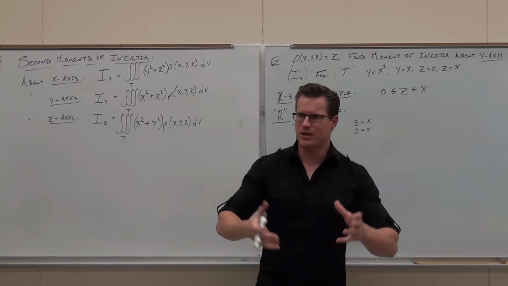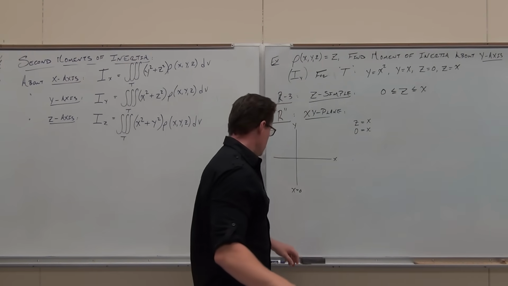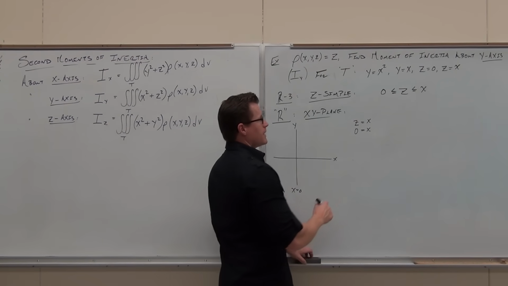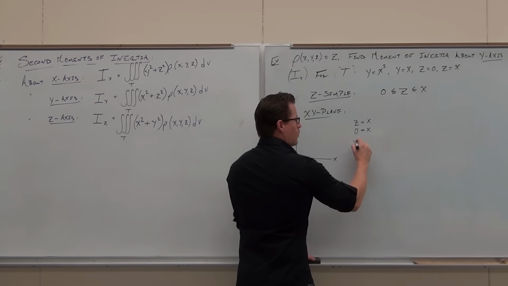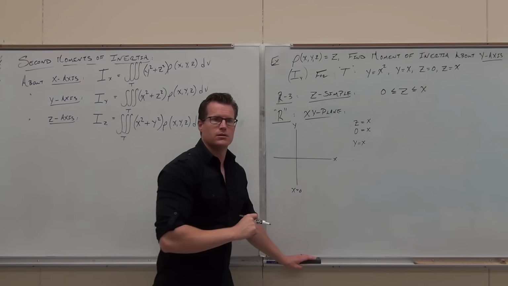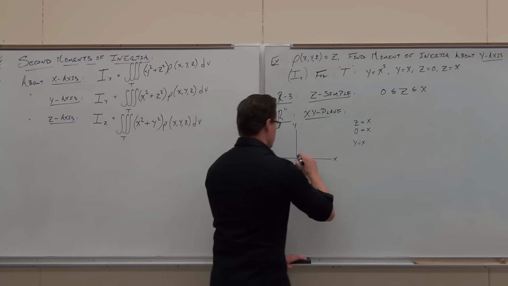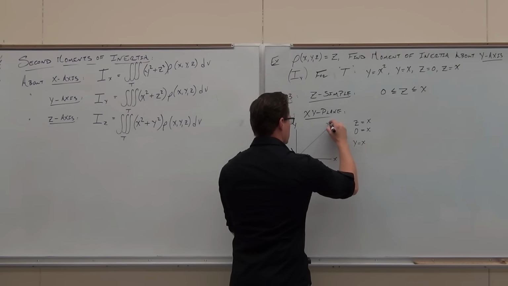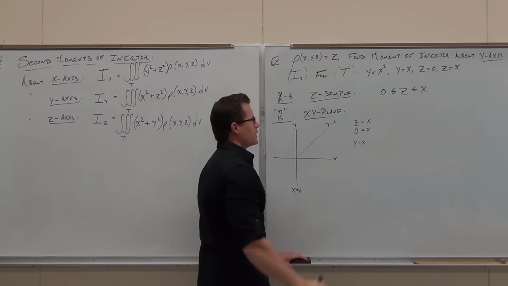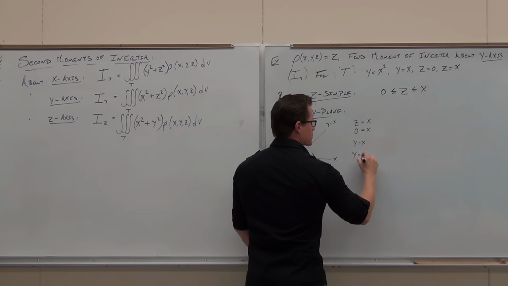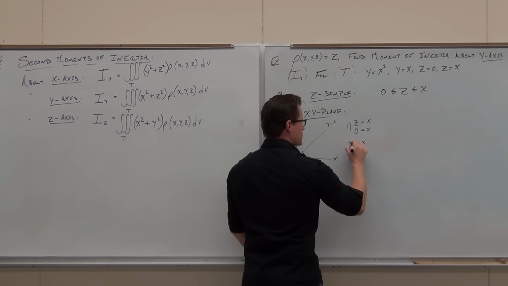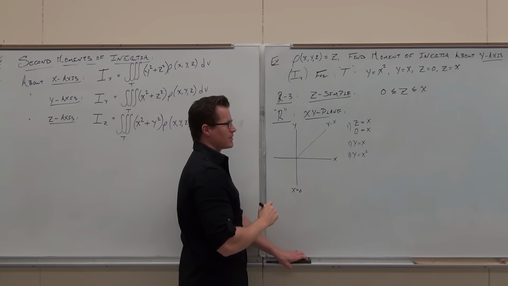That's already helping us just a little bit there. At least it's giving us something. Next up, so that's one. How about y equals x? Is that relevant? Oh, that's certainly relevant. That's literally a line on the xy plane. So let's draw that line. And then we have this y equals x squared, also relevant. So 1, 2, 3 lines that we get out of this thing.